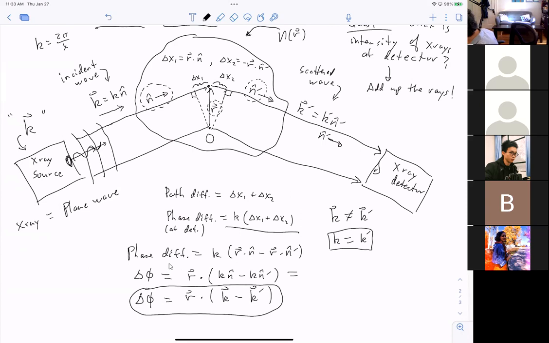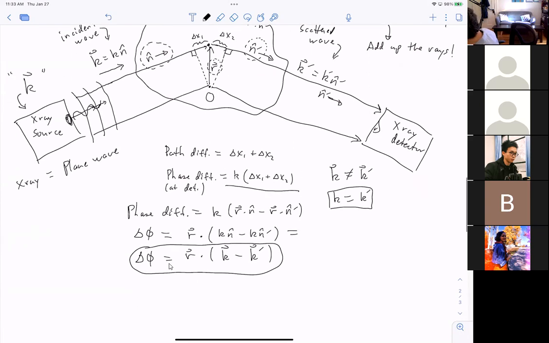What that means, if I generalize this with Huygens' principle, is that my total electric field, the electric field of ray 1 plus ray 2, is going to be proportional to the electron density, because the amount of scattering depends on the electron density.